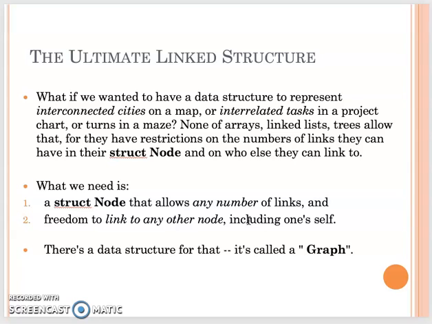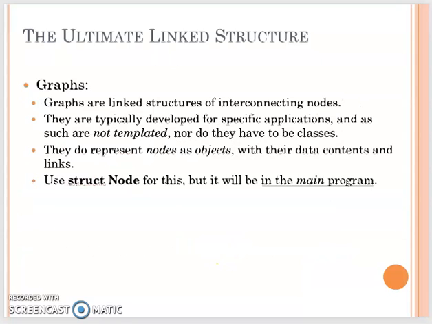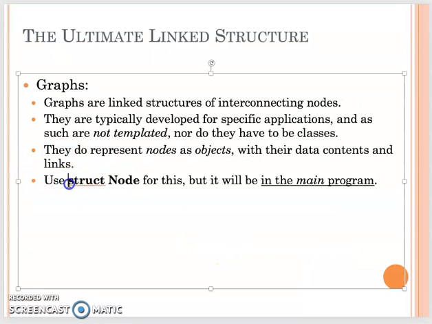And also sometimes they can even go back to itself, but usually not for transportation. But that kind of data structure, that's what we call a graph. So in our example, we just see from the transportation point of view, we will travel from city to city. We will see from that situation how we should struct our node.